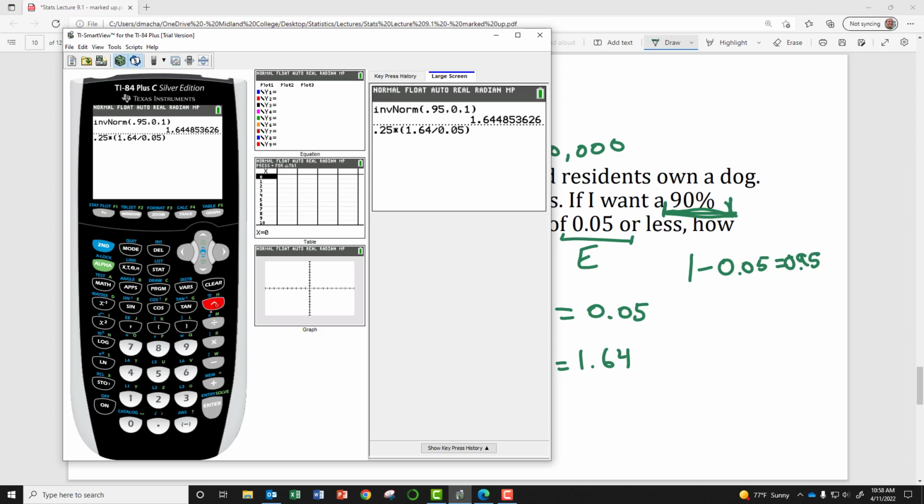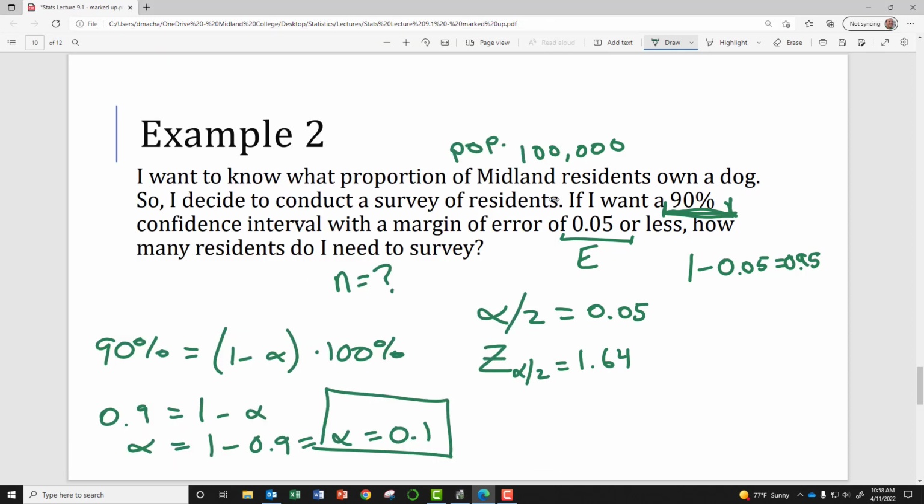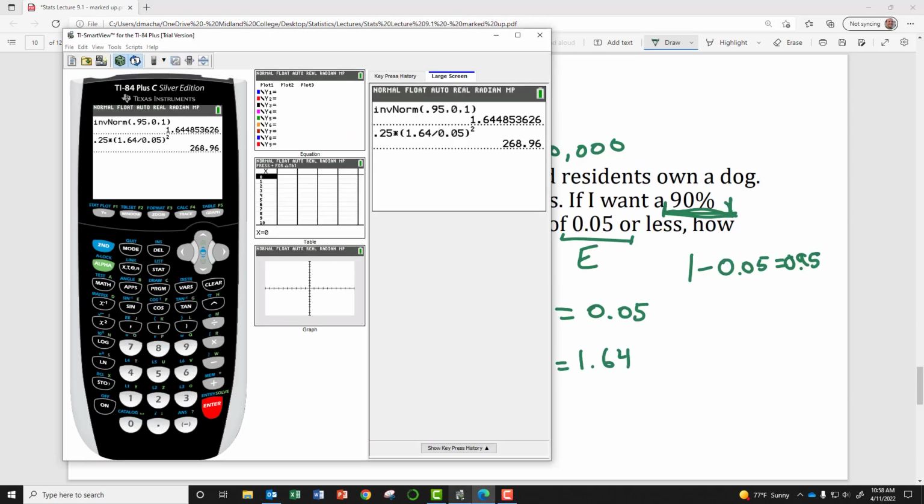Close parentheses, I need to square the whole thing, and I should get 269 for my sample size. All right, so it's 268.96.